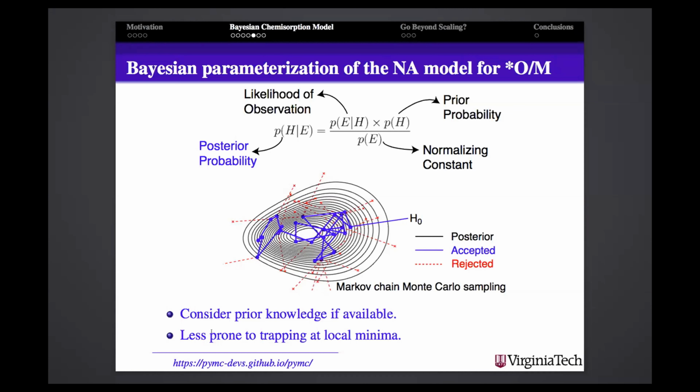With this approach, you are less prone to trapping at local minima. So we use this Bayesian optimization in PyMC with about 100K training steps for oxygen on pure metal surfaces. We have about 9 transition metal surfaces.